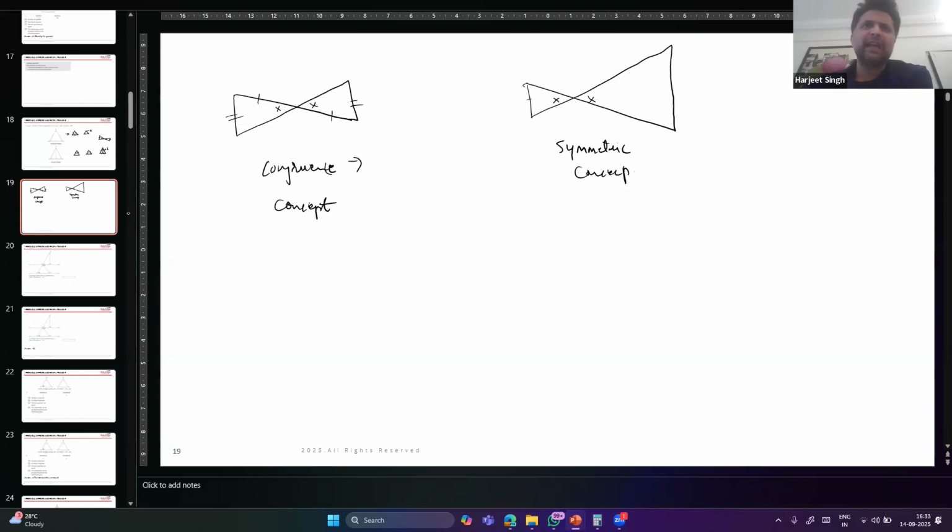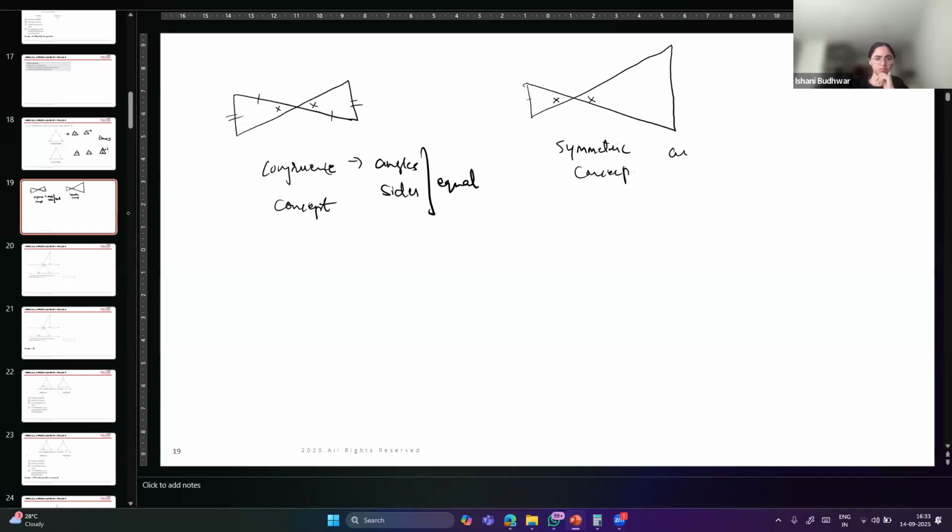So congruence means angles equal and sides also equal. Symmetric means angles are equal, sides not equal.